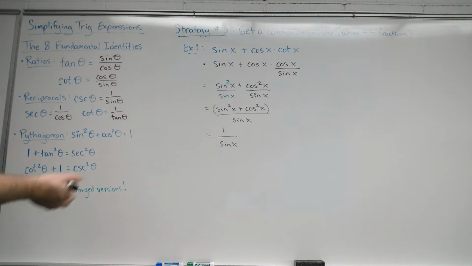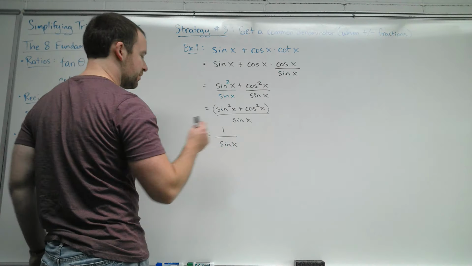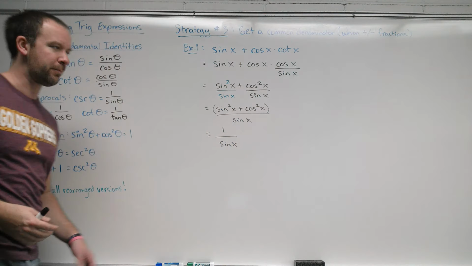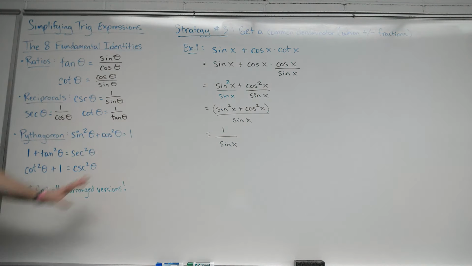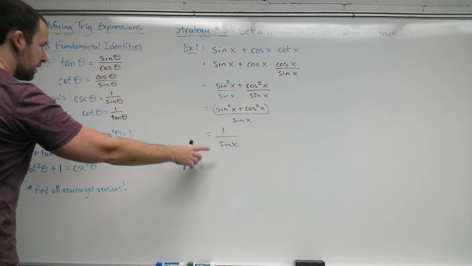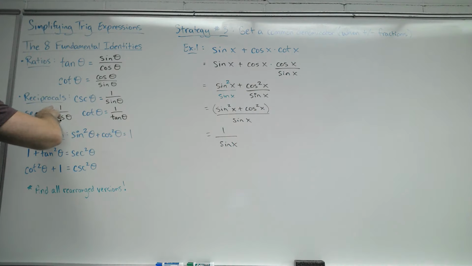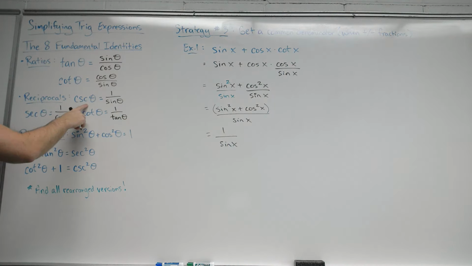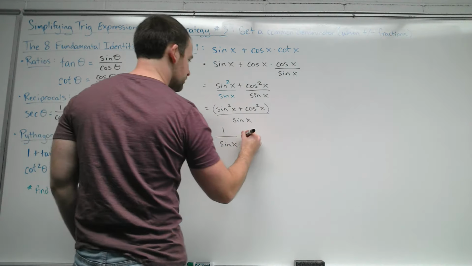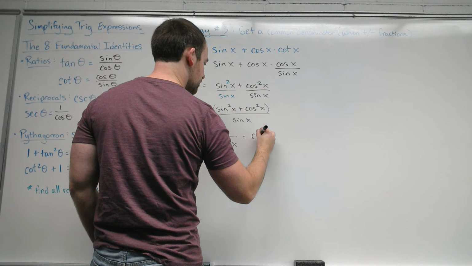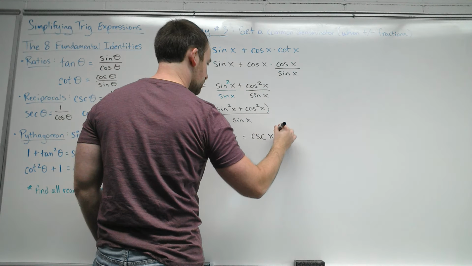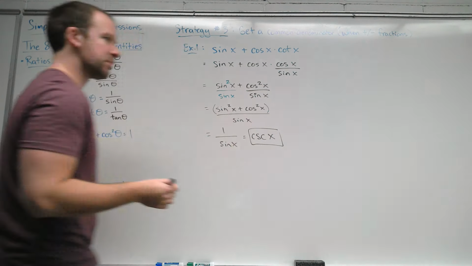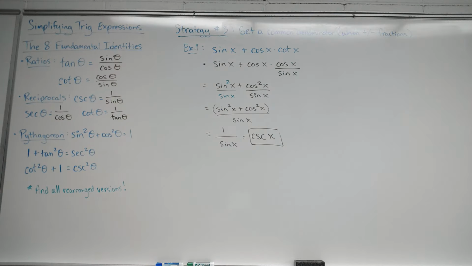So we look at this and say, well, 1 over sine also looks familiar. Look over at your list of possible things you can use. Where do you see 1 over sine? Well, that's a reciprocal. 1 over sine is just cosecant. So I can just say that's just cosecant of x.